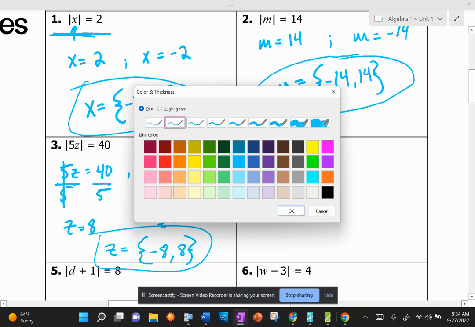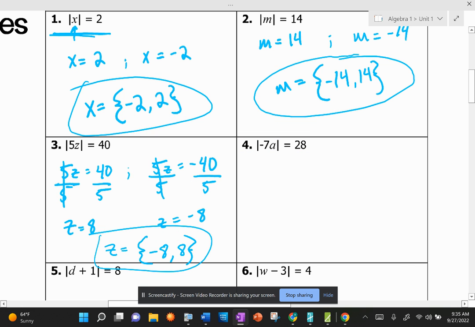Ooh. Let's go with a new color. What color? Match your hair, Mr. Bennett.